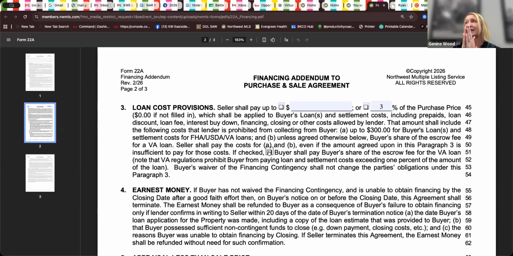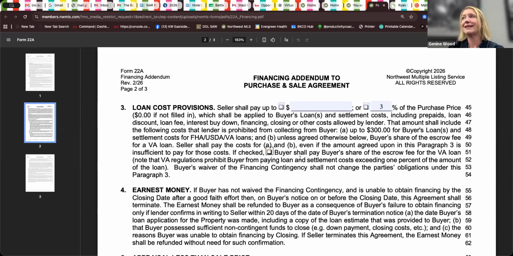So if they say I'm going to pay a max of this, you need to explain to your seller that there may be other costs that are not associated with this 3% that the seller is going to be responsible for, so that they understand. We had a situation in another office where it was not explained well enough to the seller, and the seller was paying so much money on behalf of the buyer that our broker had to reduce their commission so low they barely got paid, because they did not take the time to explain everything to the seller.